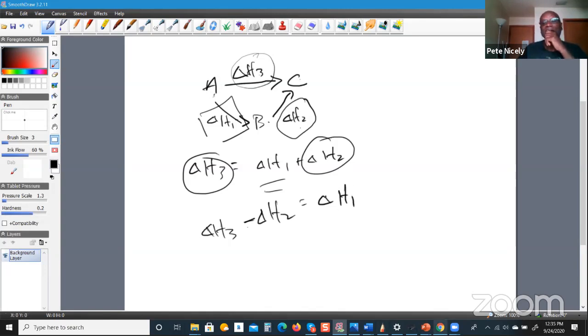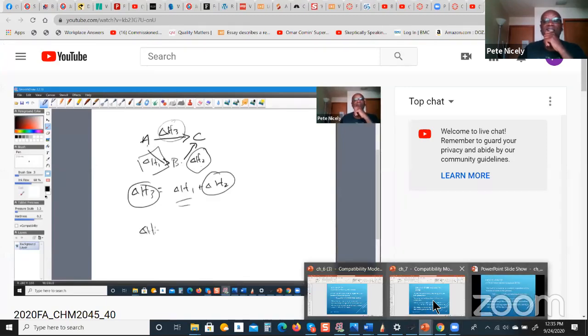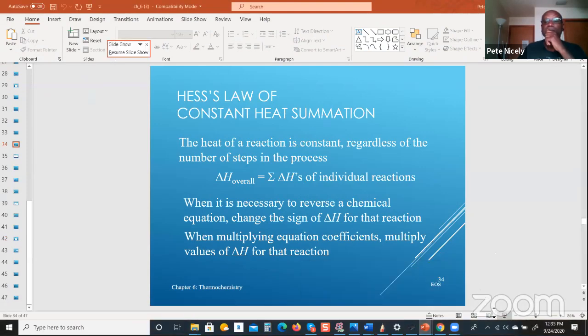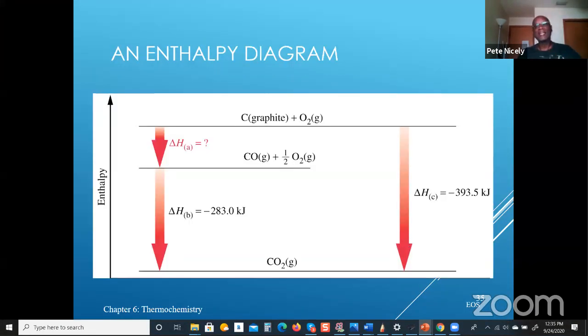Okay, so to look at an actual reaction here. We're looking at the reaction of carbon and oxygen, right?